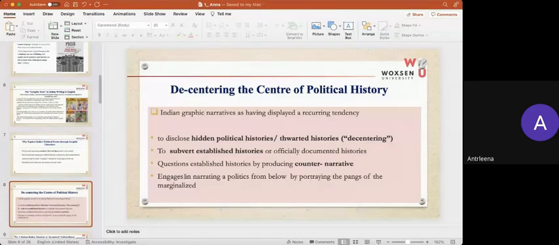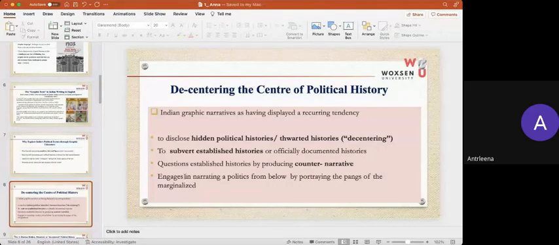Whatever is not represented in the history books is showcased in the stories, for instance individual histories, and they subvert established or officially documented histories. Often the documented histories are manipulated histories, and in literature you get the scope of understanding history from the other side, and also produce counter narratives.